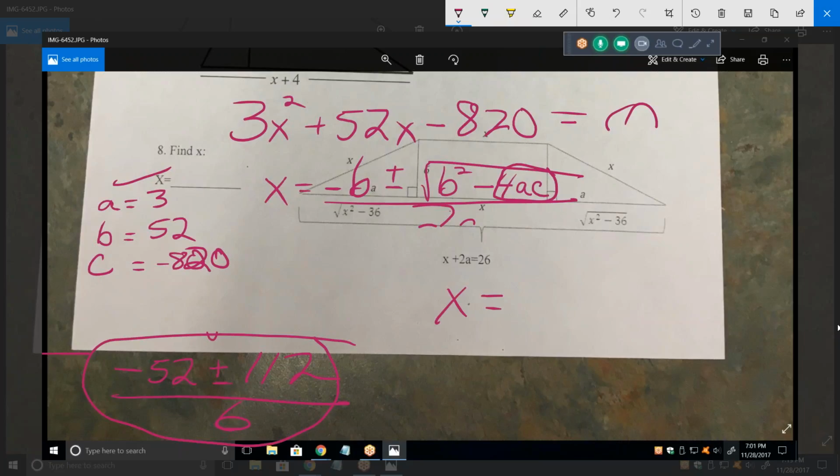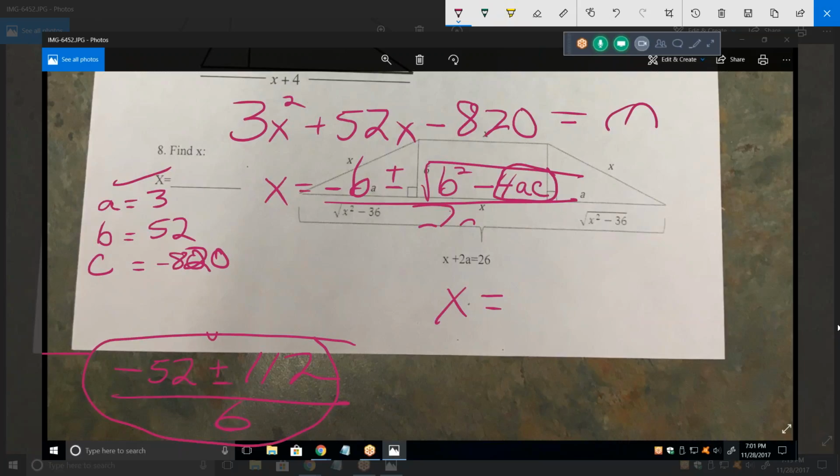There's for x. Take minus 52 and add 112, divide by 6. What do you get? No, if I add 112, I get 60 in the numerator.